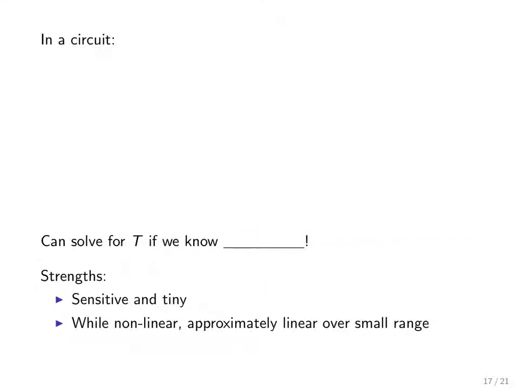And so what we would do here in a circuit is place a constant voltage across the diode somewhere near its turn-on voltage, so that we can measure VD, the voltage across it.